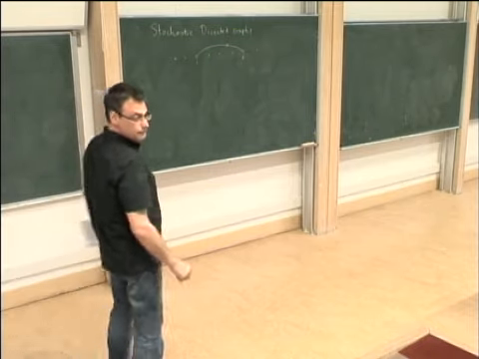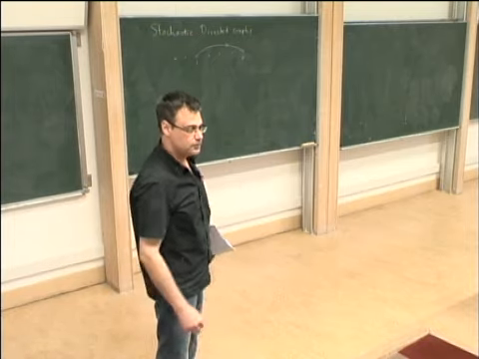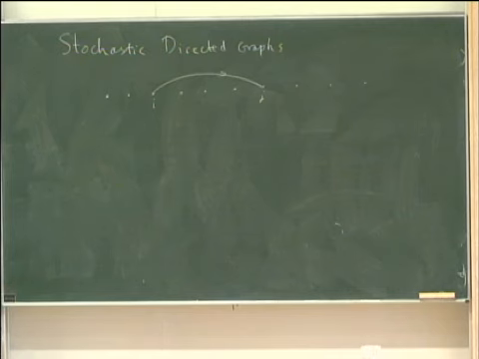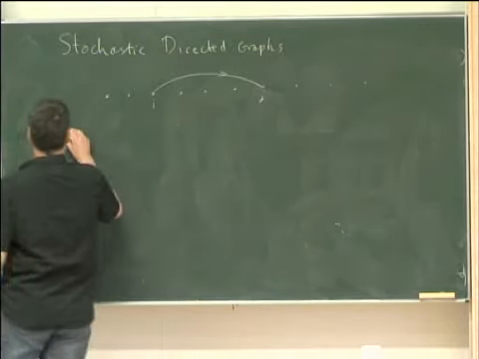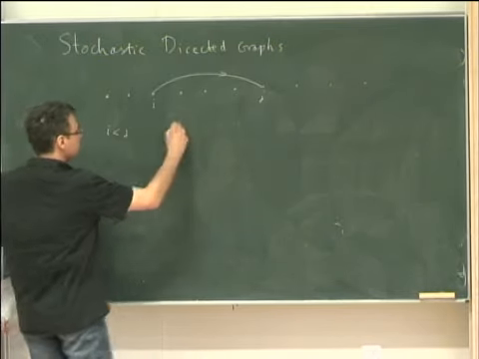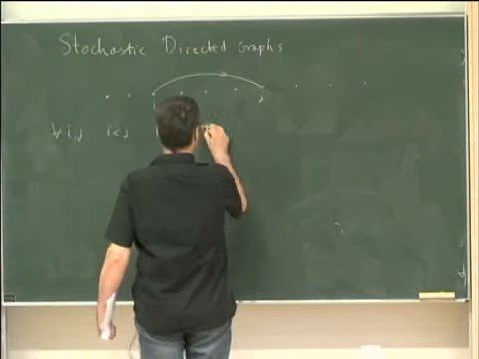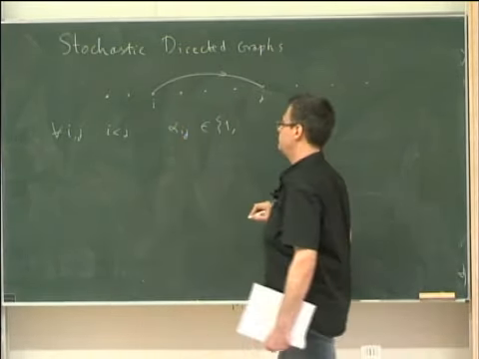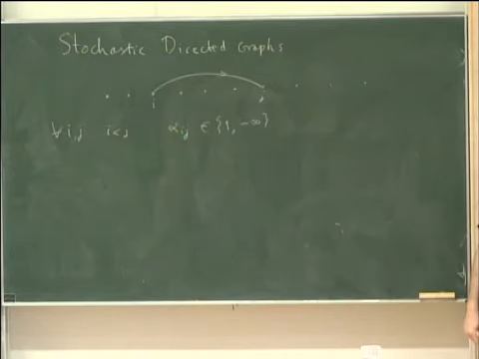So this is the model. If tails, we just don't do anything. We put edges only for the coins that show heads. We do that for every pair. So for every i, j with i smaller than j, we have random variables alpha i,j that take values 1 or 0, but I'm going to call 0 minus infinity. I prefer it this way.